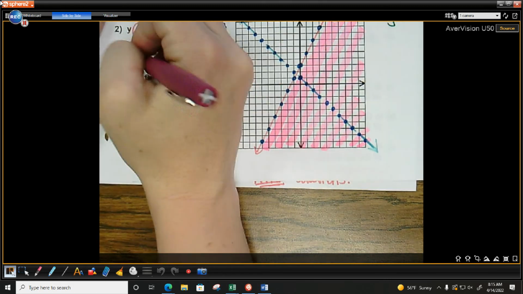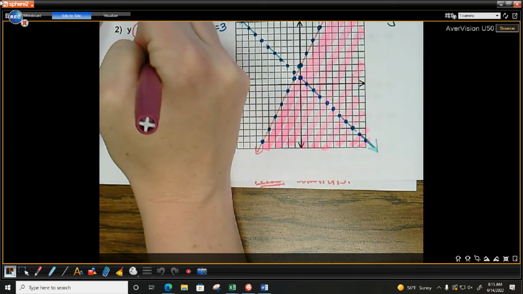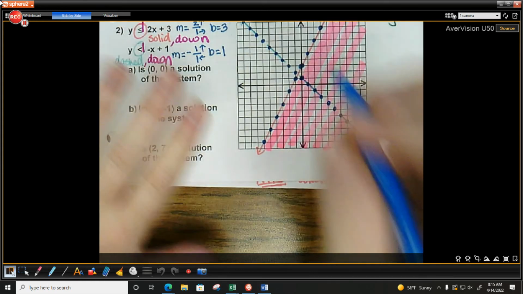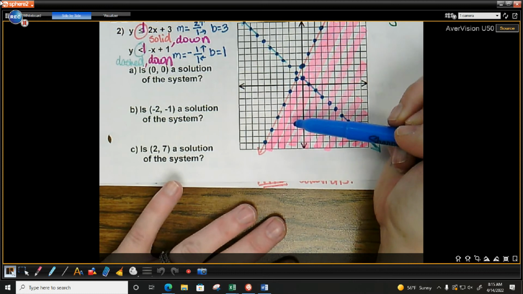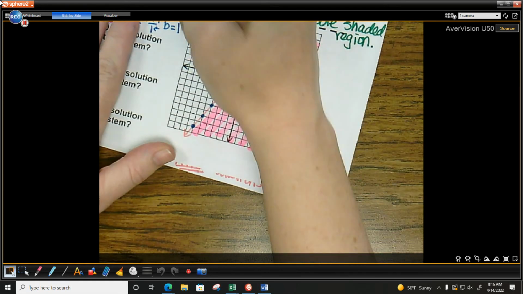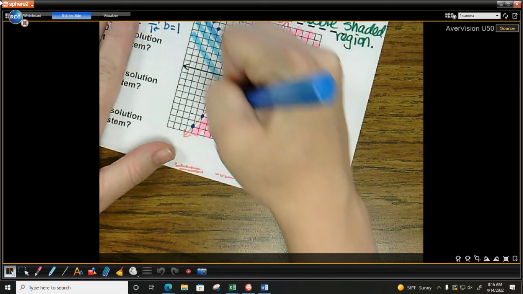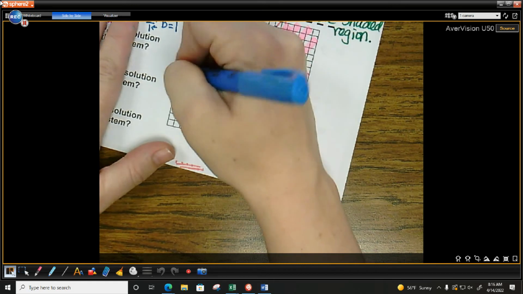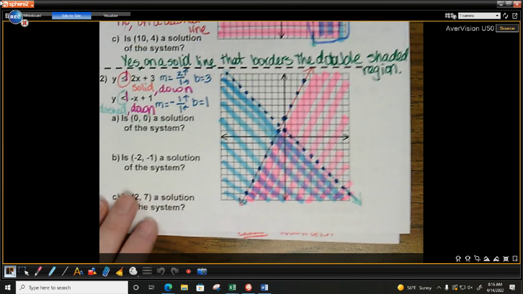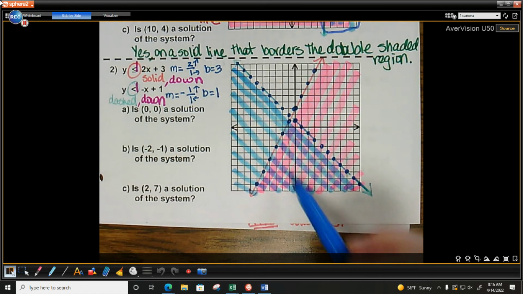So I'm going to shade region 1 or region 2? 2. Do we now see our double shaded region, our overlap? Yep, it's right here.